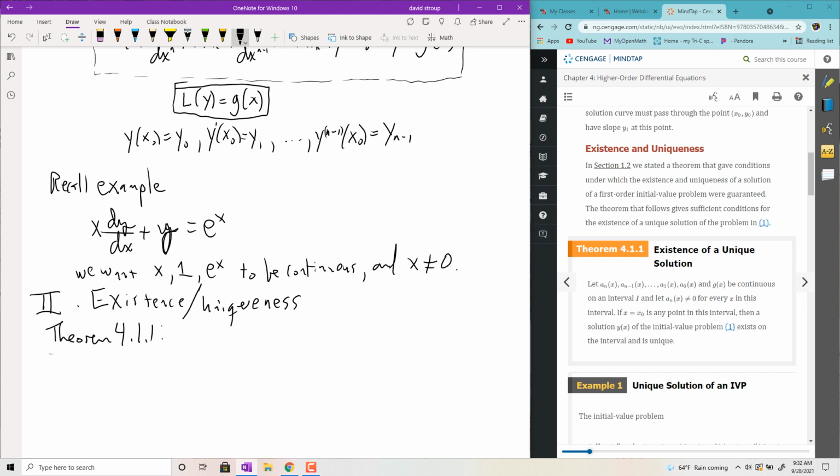Basically, we need the a sub i of x functions and g of x to be continuous. So we need a sub n of x, a sub n minus 1 of x, dot dot dot, a sub 0 of x, g of x to be continuous.